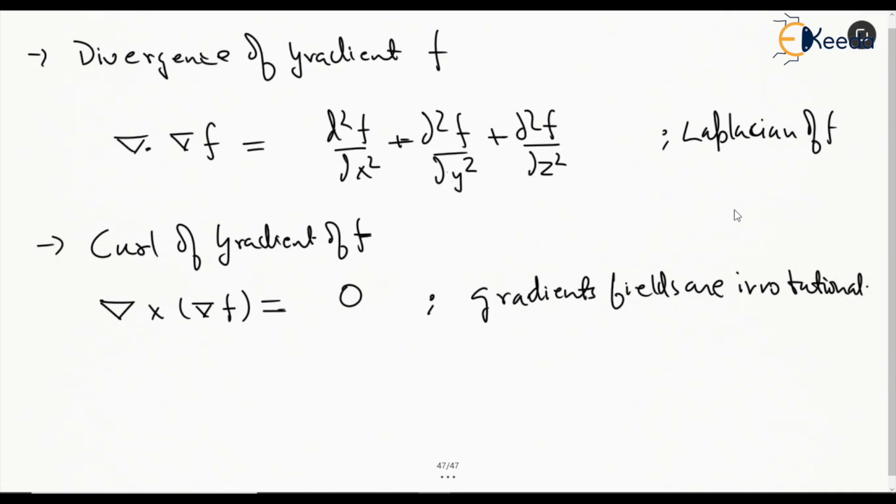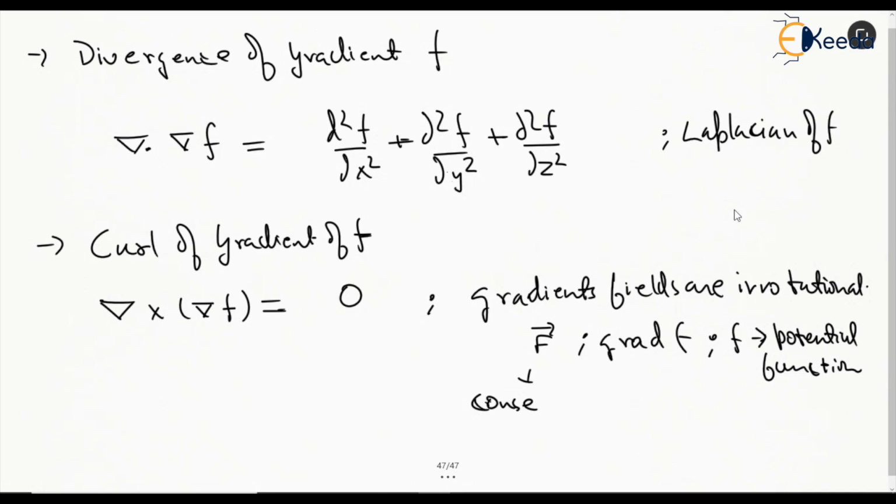So this gradient field is irrotational, and this also tells you, once we are into line integral we'll see this, that if a vector field F is a gradient of some scalar field small f, then this f is known to be the potential function, and F is given as a conservative field.